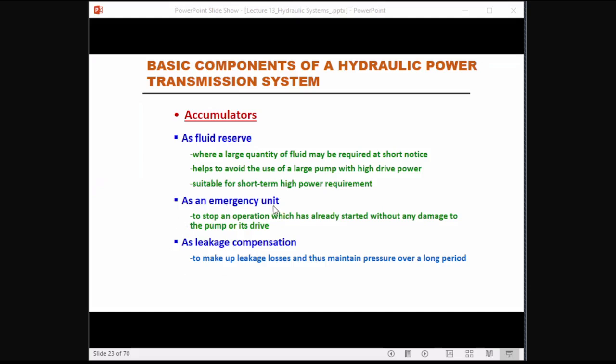As an emergency unit, accumulators can stop an ongoing operation without causing damage to the pump. Okay.